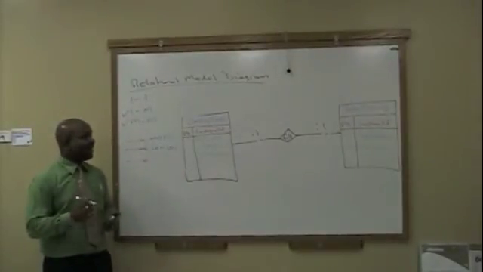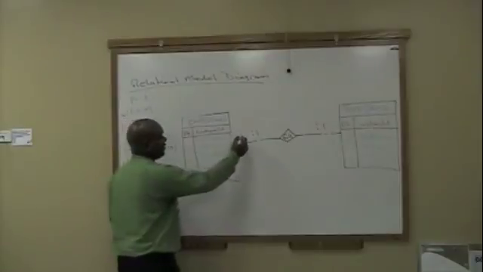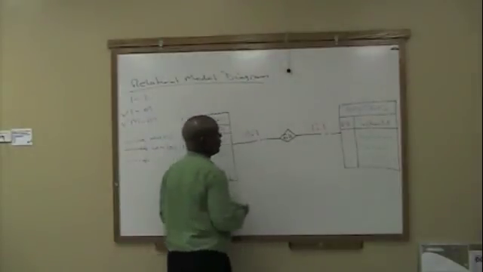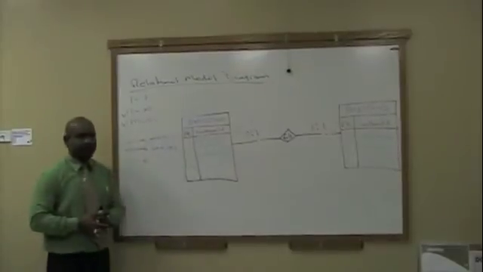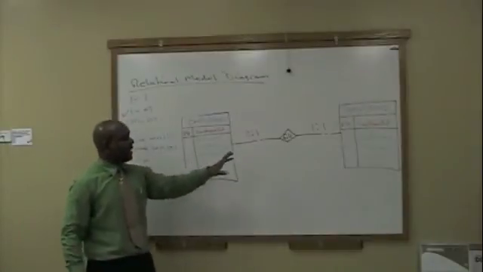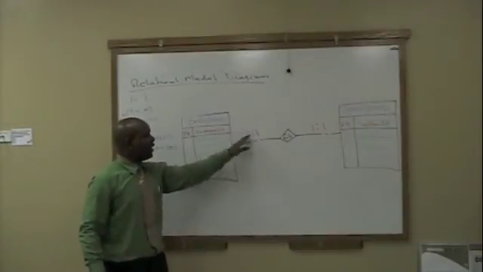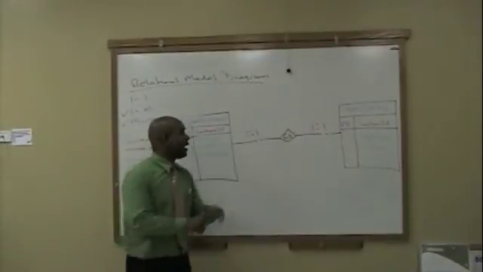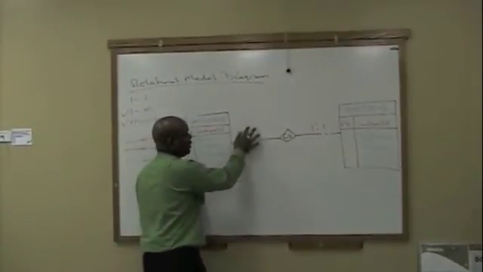Now for argument's sake here, let's say this is 0, and in this case, let's use a 1 over here. Now, what this is saying is that an employee can fill only one position and a position must be filled. Actually, let me put it the other way around.